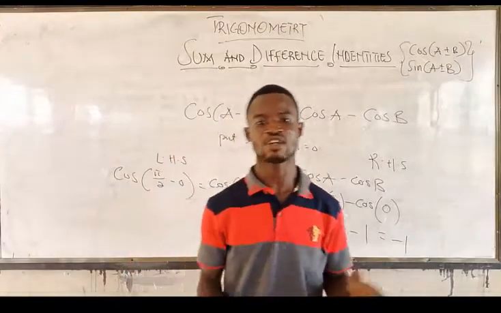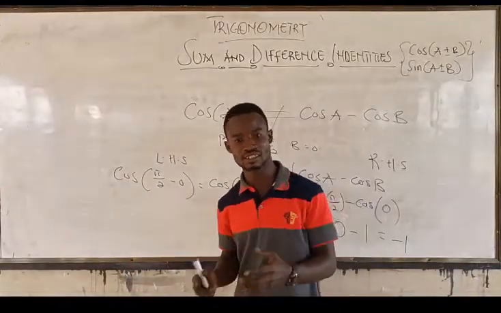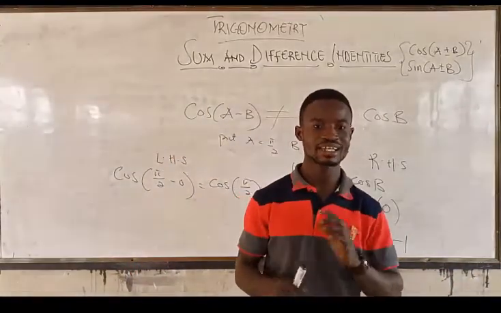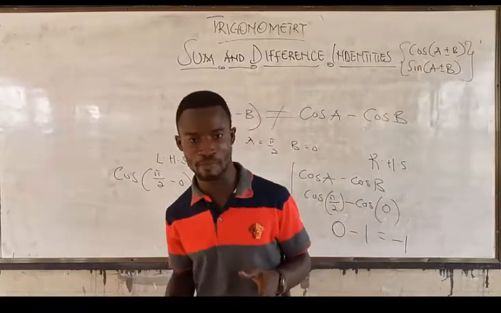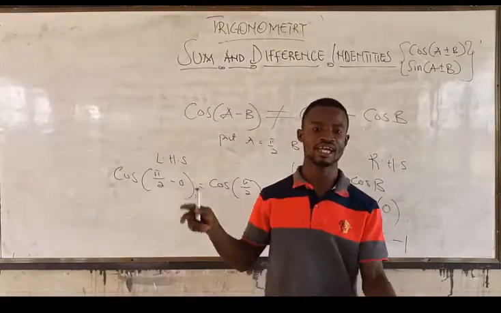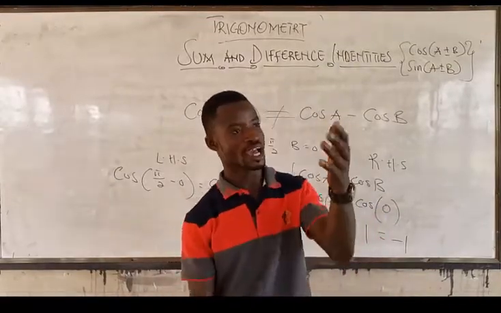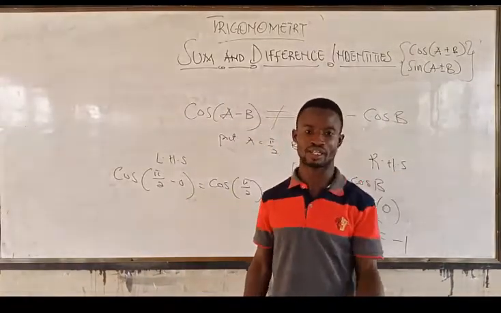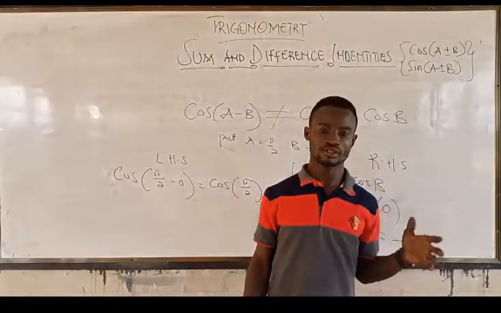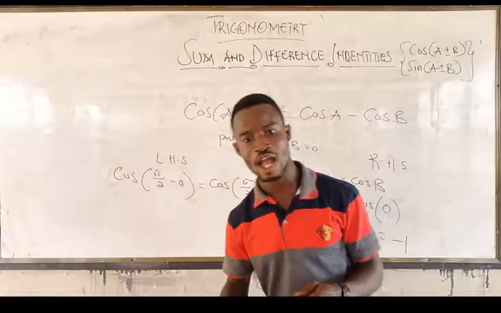So we are going to start by locating the angles A and B in standard position on the unit circle. I have taught you what a unit circle means already.